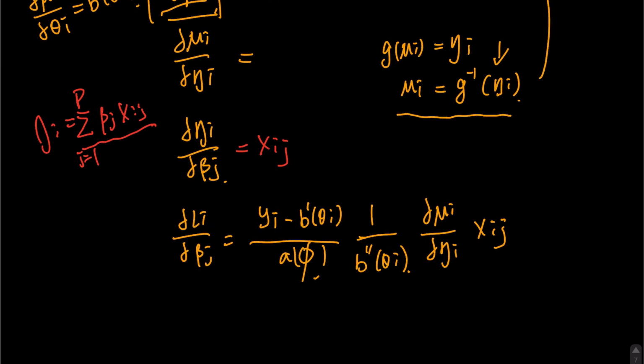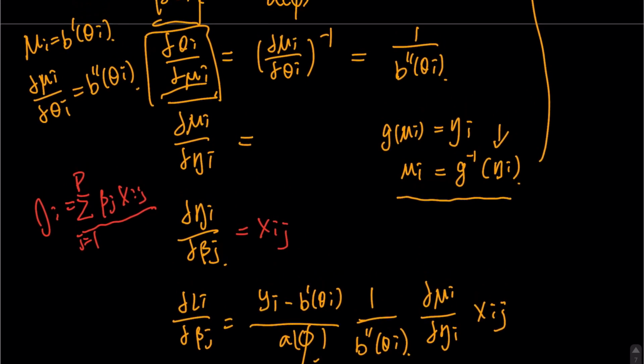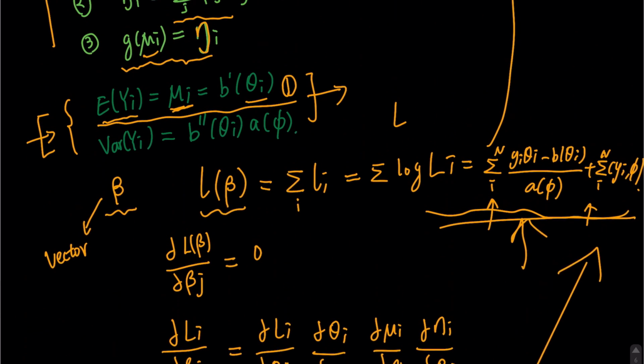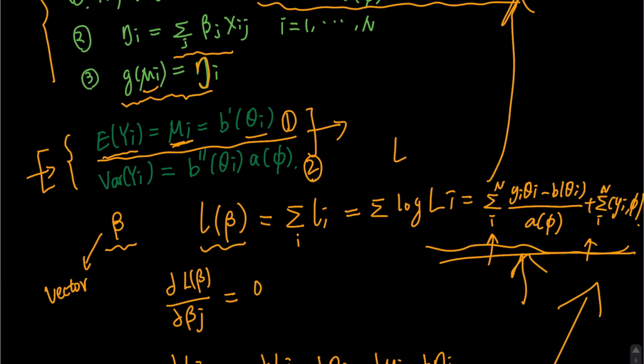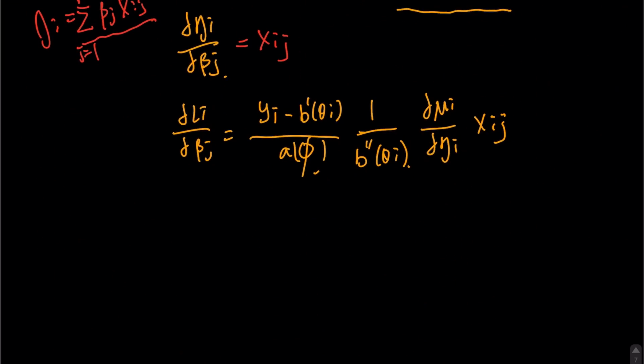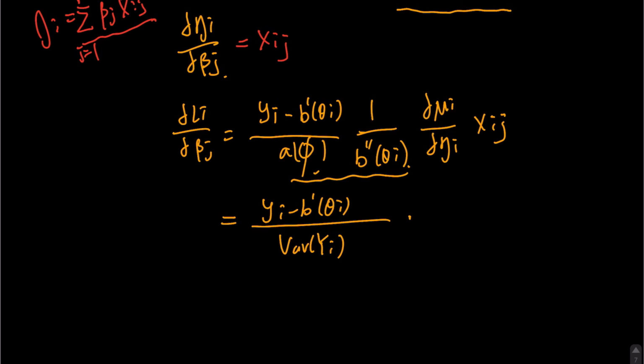Alright, we can do some further simplification because equation 2 tells us b double prime theta_i times a(phi) is equal to the variance of y_i. We can substitute this part as variance of y_i, so we can rewrite it as (y_i - b prime theta_i) divided by variance of y_i times d mu_i d eta_i, and we can put this x_ij here.